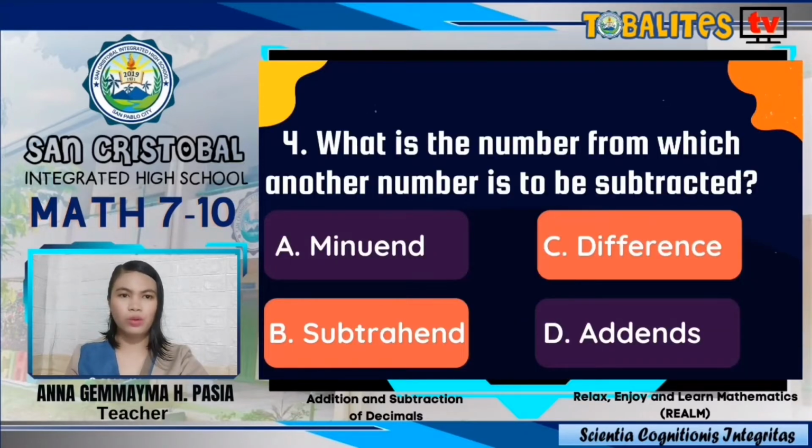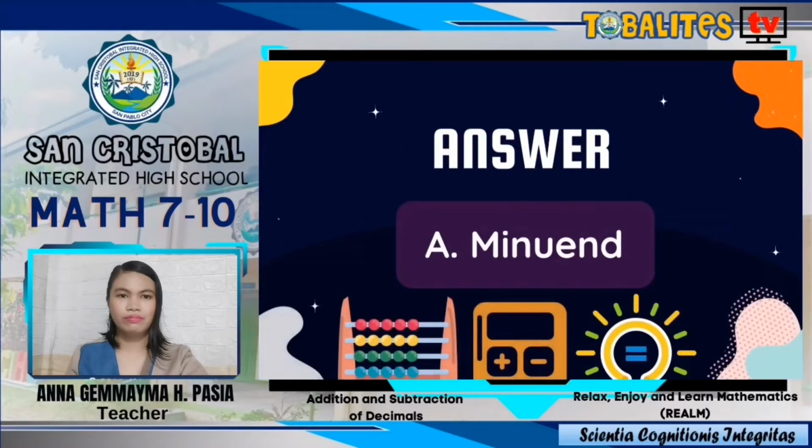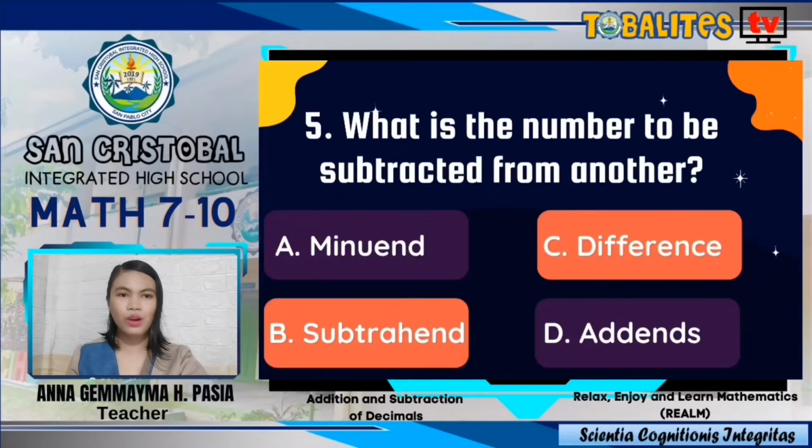Letter A. Minuend, B. Subtrahend, C. Difference, and letter D. Addends. Number 5. What is the number to be subtracted from another? Letter A. Minuend, B. Subtrahend, C. Difference, D. Addends.